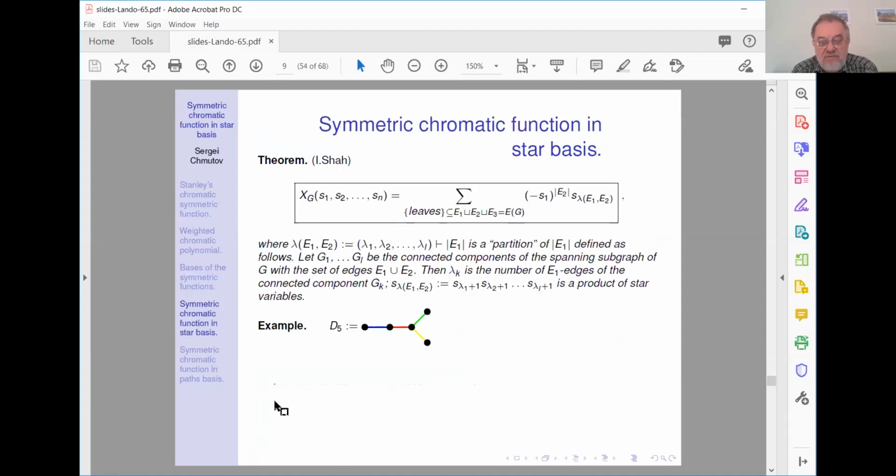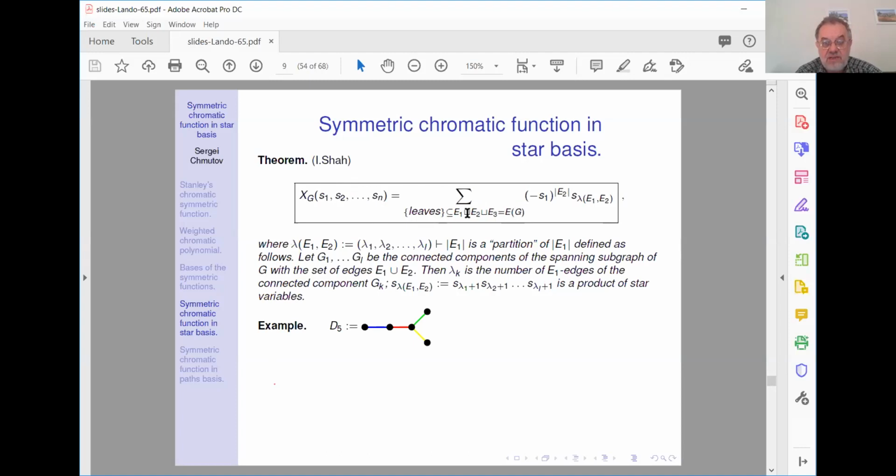Okay, and now that is the formula for the symmetric chromatic function in terms of the star basis. Again, I have S1, S2, and so on, Sk, as the symmetric chromatic function of the star graph. The formula says that if I express it in terms of the S basis, it is going to be the sum over 3-part partitions of the set of edges.